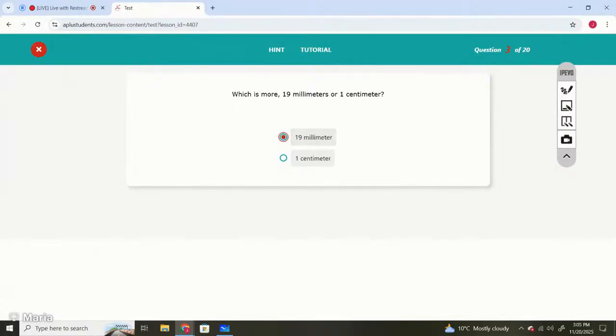So 19 millimeters is more than 10 millimeters. The correct option is 19 millimeters.